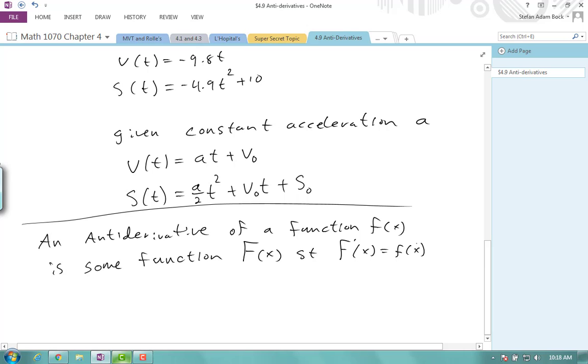So my big F is an antiderivative if the derivative is what I have on hand.